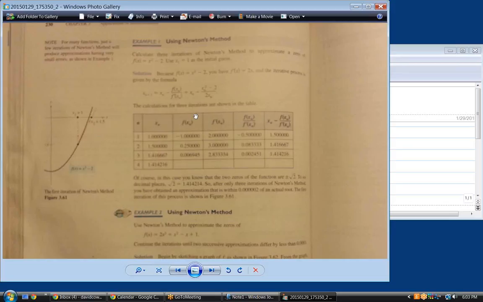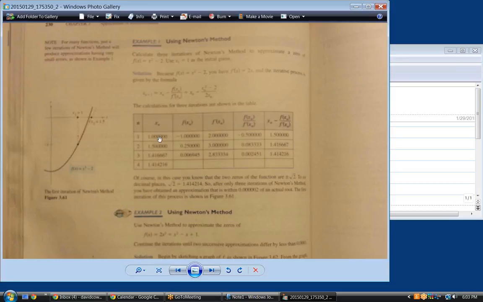In other words, in this particular problem here, our first guess was considerably off. We guessed 1, and the actual number is 1.414214.